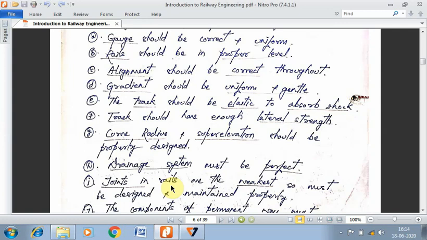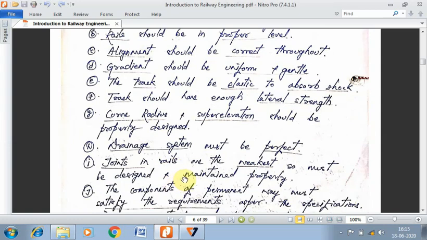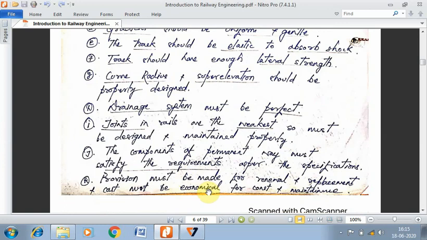So the joints in rails are the weakest section in the railway track, and that is where, if it is not properly maintained, accidents might take place, failure of the system also might take place. So joints need to be properly designed and maintained from time to time. Right. Then the components of permanent way must satisfy the requirements as per the specifications levied by the authorities.